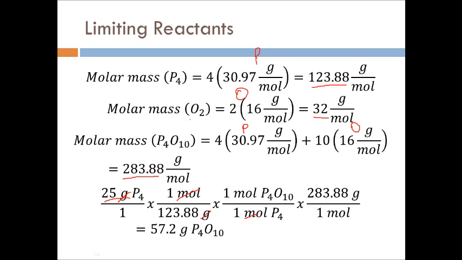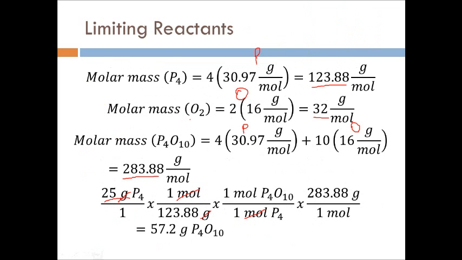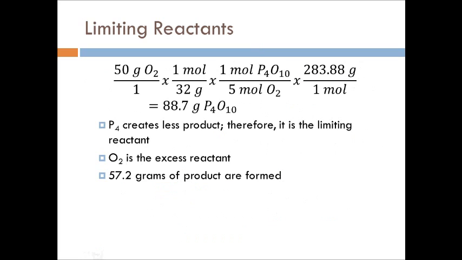Now using the mole ratio, it was a 1 to 1 ratio between the phosphorus and the product, which is what you see here. We get rid of our moles, we get rid of our phosphorus. Now we want to know the mass of the product, P4O10, so we multiply by the molar mass, and in this instance we're going to make 57.2 grams of P4O10. All right, so that's the first one.